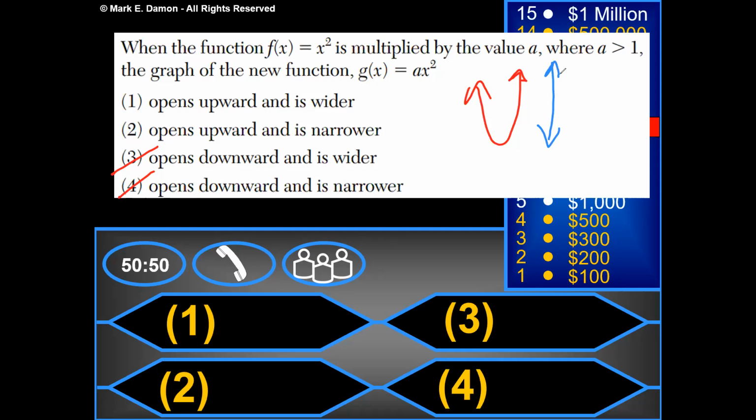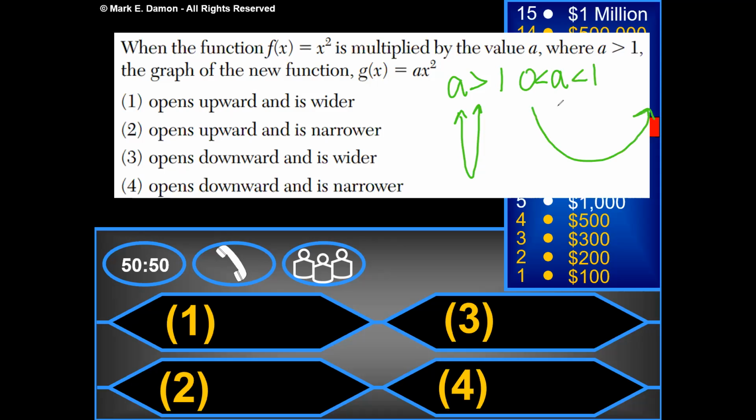So if you are stretching, you are making it more skinny. And if you are flattening, that is compressing it down, pushing it down, making it fatter. So hopefully you understand that if A is greater than 1, it's going to be more skinny. And if A is a fraction, that means it's between 0 and 1, it's going to be more fat. Fractions are flatter.